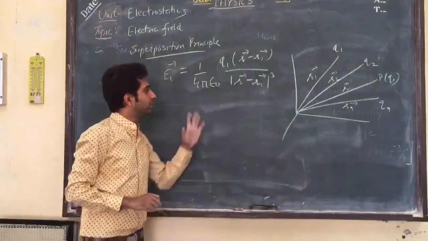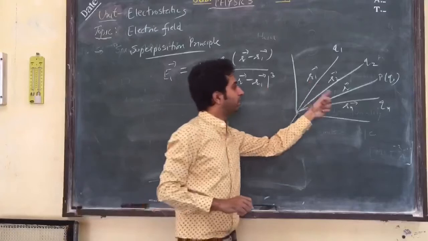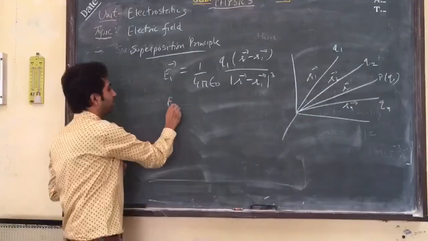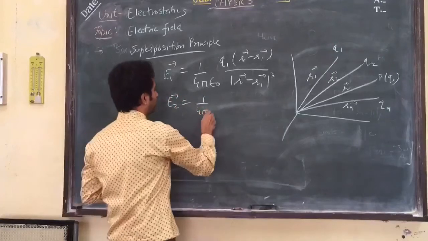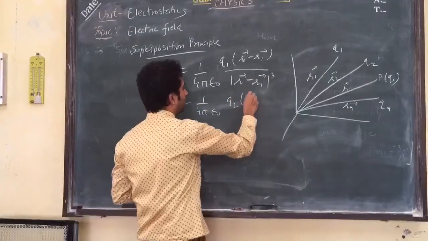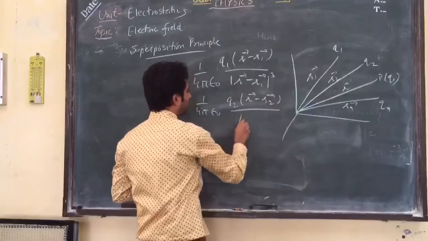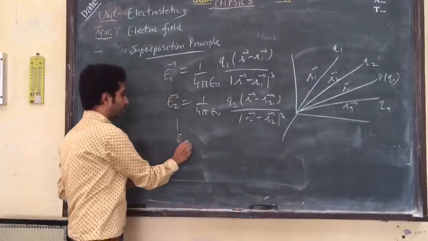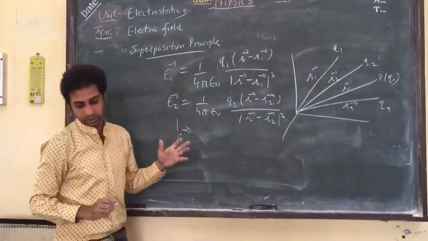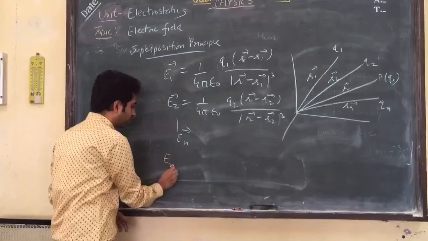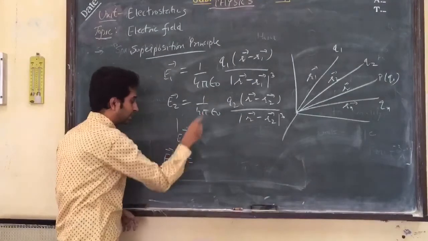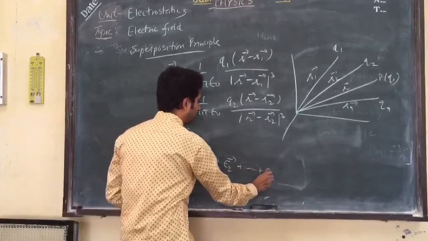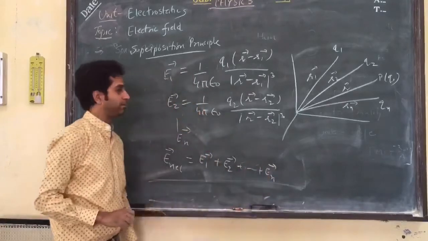We are considering these two, that is Q1 and Q0. Similarly, you can go for E2, 1 by 4 pi epsilon naught Q2 (R minus R2) divided by magnitude of R minus R2 cubed, and so on. You can go for n number of charges. And finally, if you want to define the net electric intensity on a given charge, just superimpose all these parameters, that is simply add all of them, right?